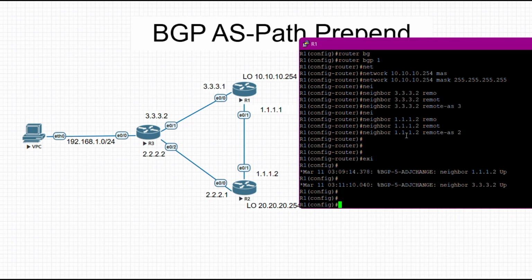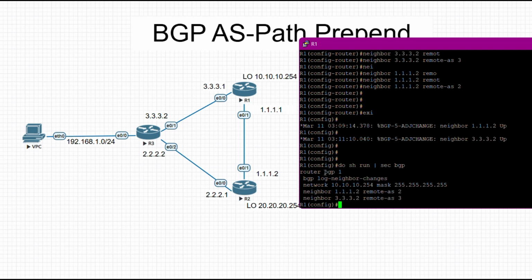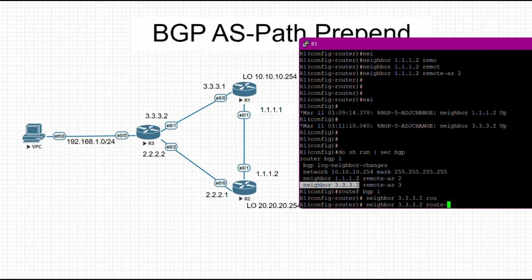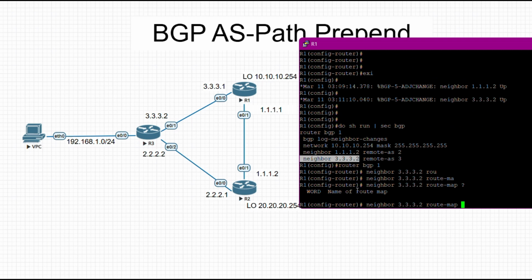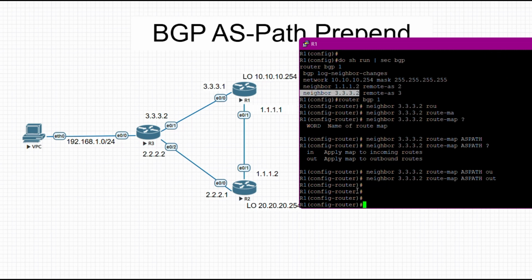Let's do show run section bgp, then copy router bgp 1, and type the neighbor, or copy this IP address 3.3.3.2. Then route-map, let's set it to AS-path and out, because the traffic will be coming from outbound.